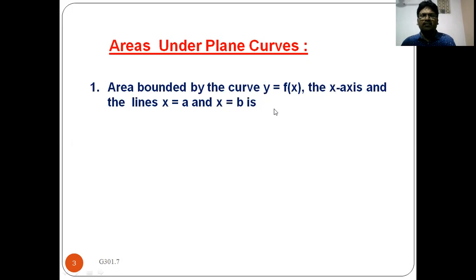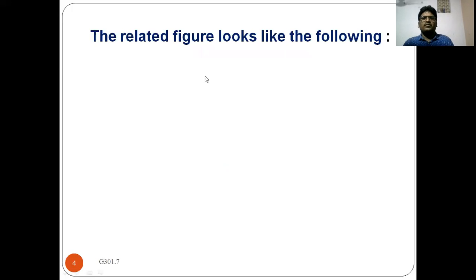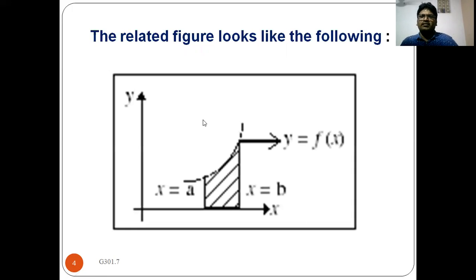We have to find the region of this curve within the limits x equal to a, x equal to b about the x-axis. See the formula: integral over a to b f of x dx, or integral over a to b y dx. Here f of x is replaced by y. The related figure looks like the following.